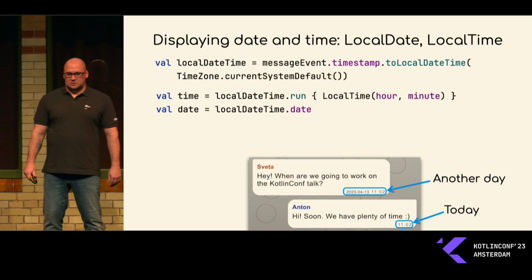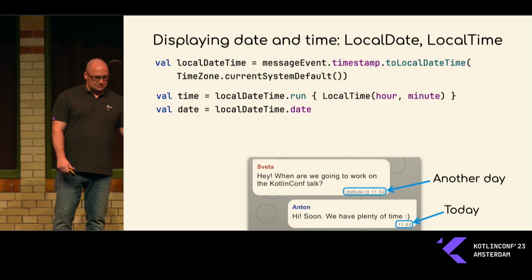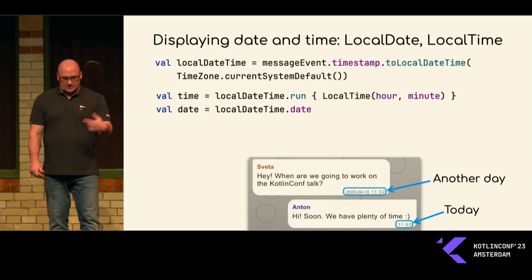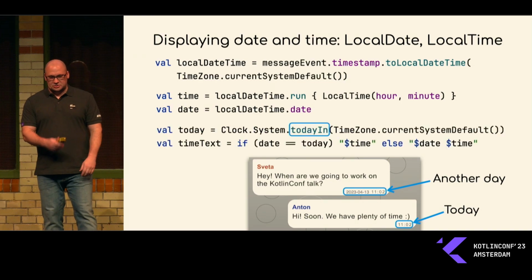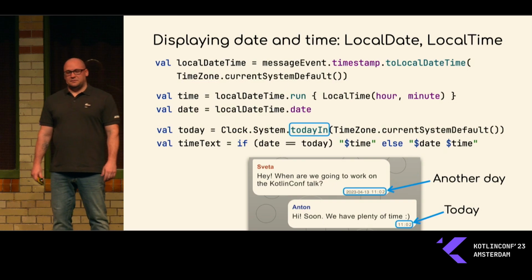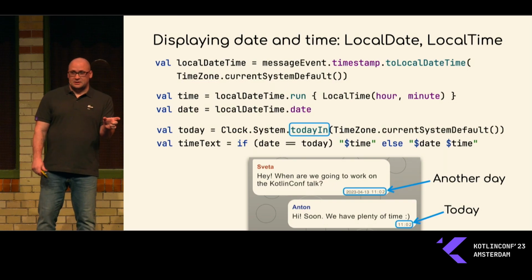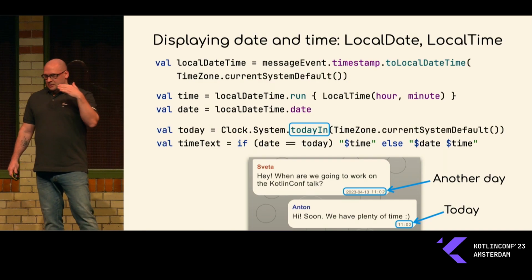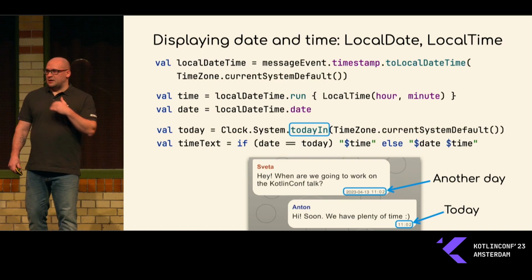So, for instance, if I want to format my timestamp as a date, I can get this date information and just check if this date is actually today. For the older messages, I would put the date information in, but for the messages I received today, I don't have to do that.